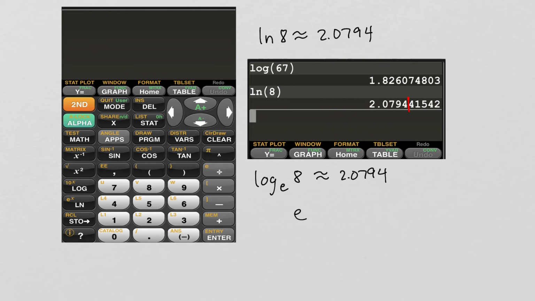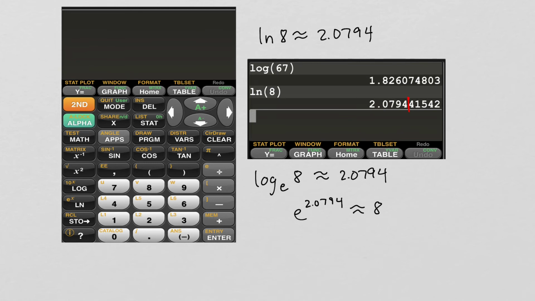And that means e to the power 2.0794 should be approximately equal to 8. And you can verify that on your calculator. So there will be times for you to use a calculator when approximating values of natural logarithms and also common logarithms.